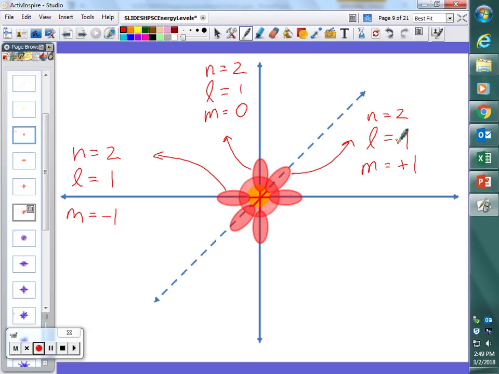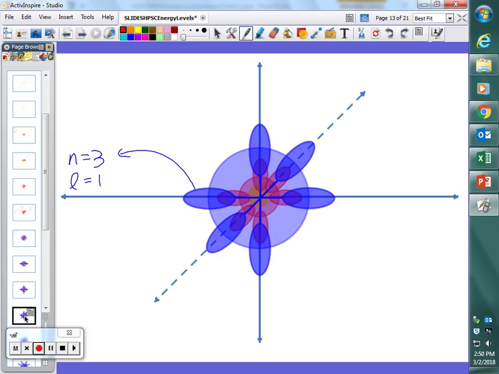Okay, so now let's go here. Here's p orbitals again. These p orbitals are all in the third energy level. Here is the sphere.